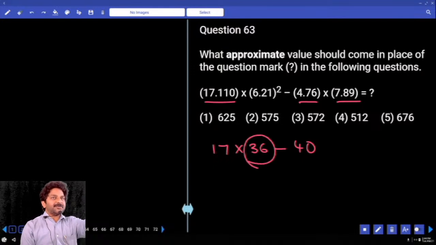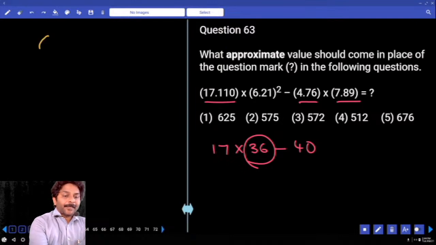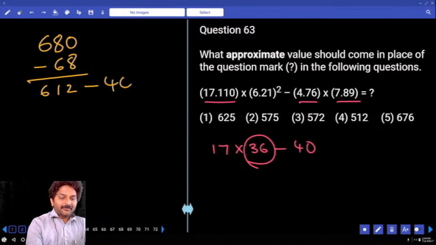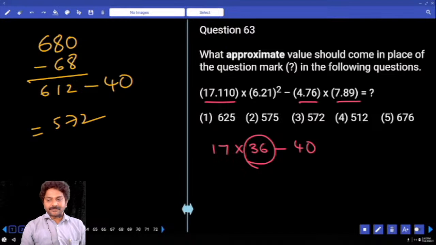Can I take 40 times minus 4 times? 17 fours: double, double, 17 double is 34, 34 double. If it is 4 times, 40 times is this much. Minus 4 times. Total 612. From this we have to subtract 40. Subtract 100, 512, add 60, 572.